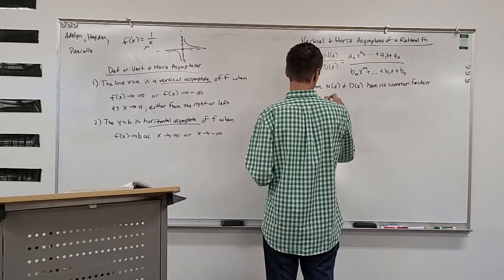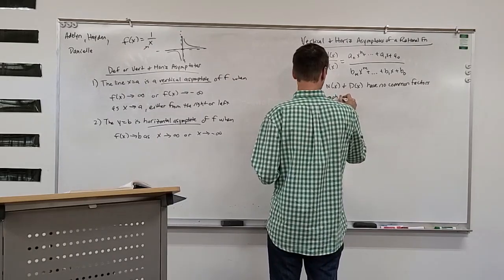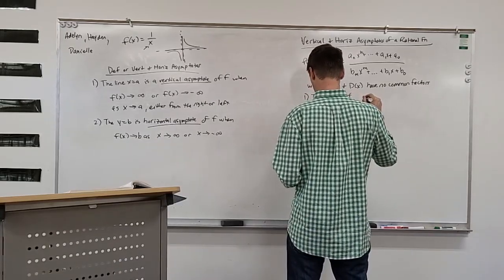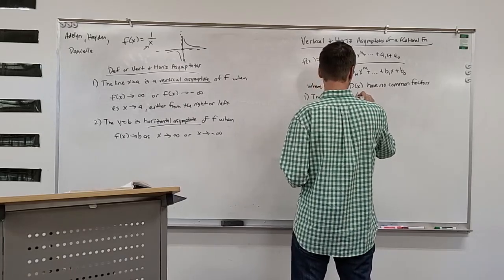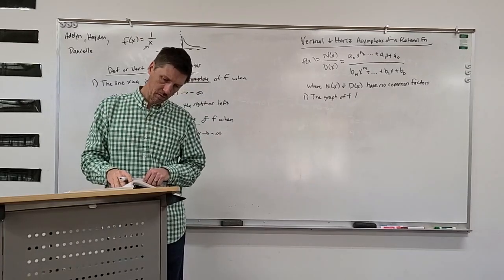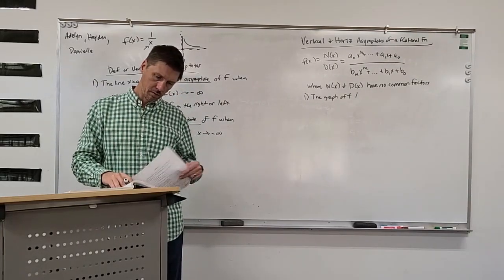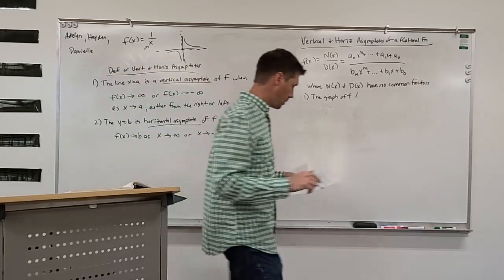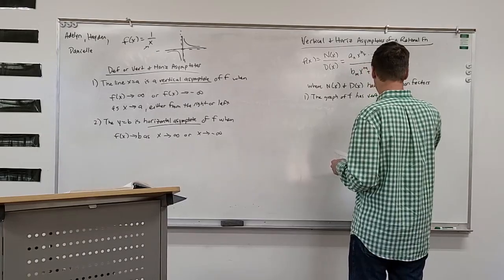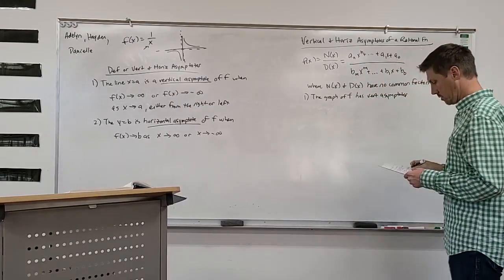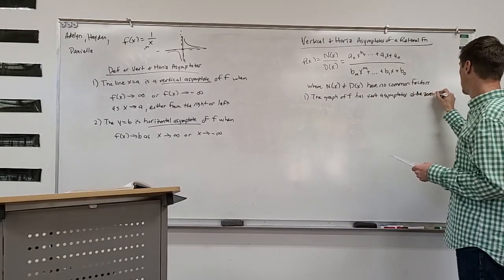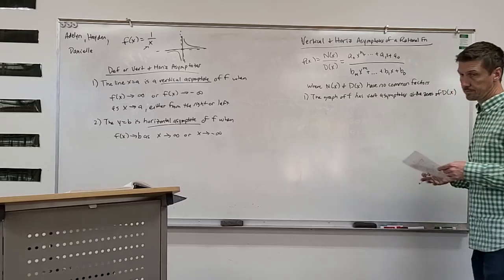The graph of f has vertical asymptotes at the zeros of d of x.